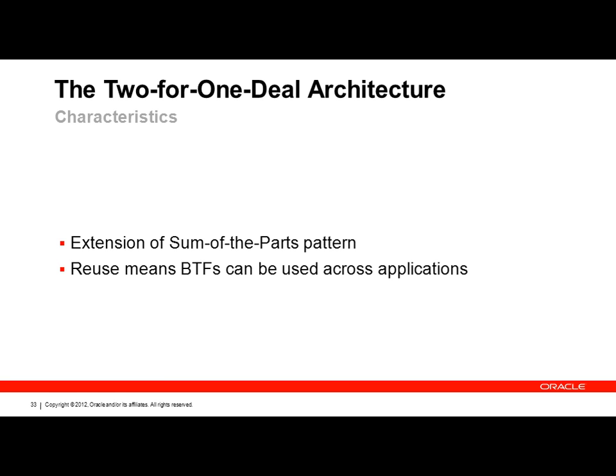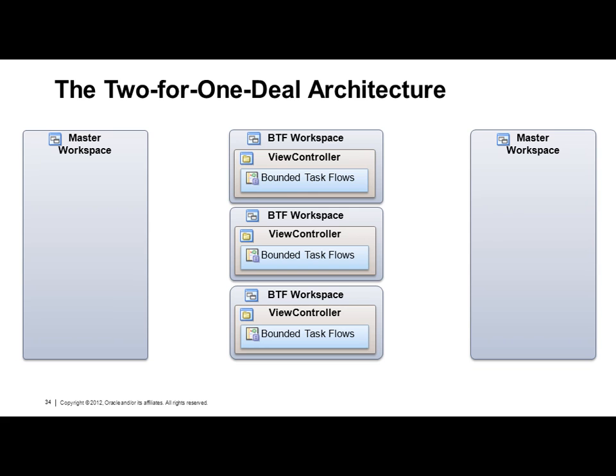Let's diagrammatically look at that again. So in this diagram, we've got a number of bounded task flow workspaces, and more than one master application. And some sites you may only ever have one application that you're building, but it's not uncommon at customer sites, or I should say on software projects, to actually build separate applications. Now, those separate applications, though, may have the need for common functionality between them.